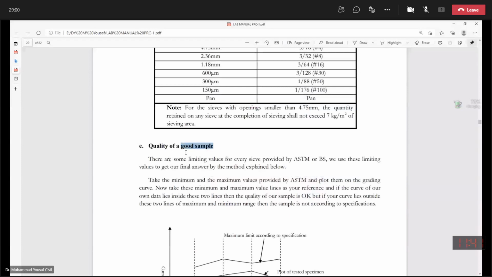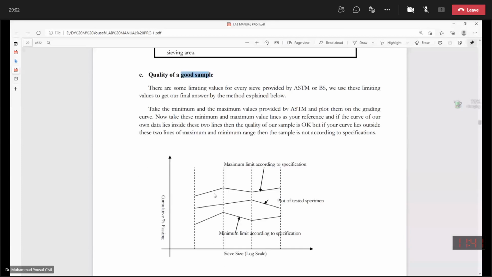The good sample is a sample whose gradation curve lies between the minimum percentage passing and maximum percentage passing as specified by ASTM.